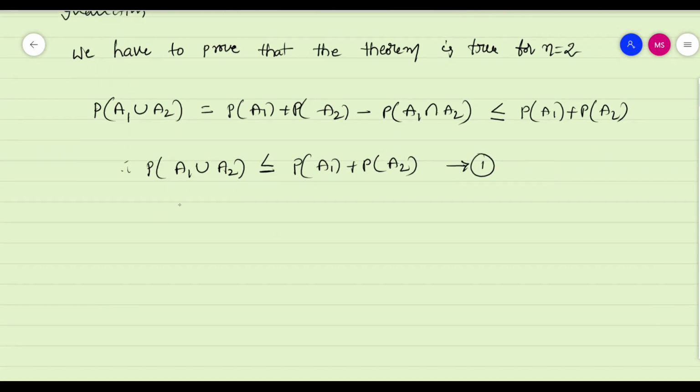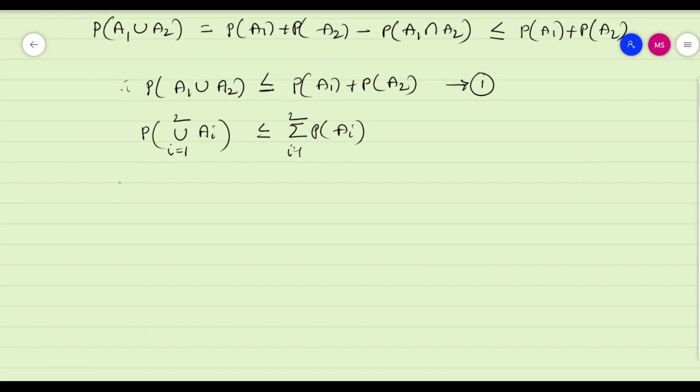And this can also be written as P of union i running from 1 to 2 of Ai is less than or equal to summation i running from 1 to 2 P of Ai. Hence the theorem is true for n equal to 2 case.